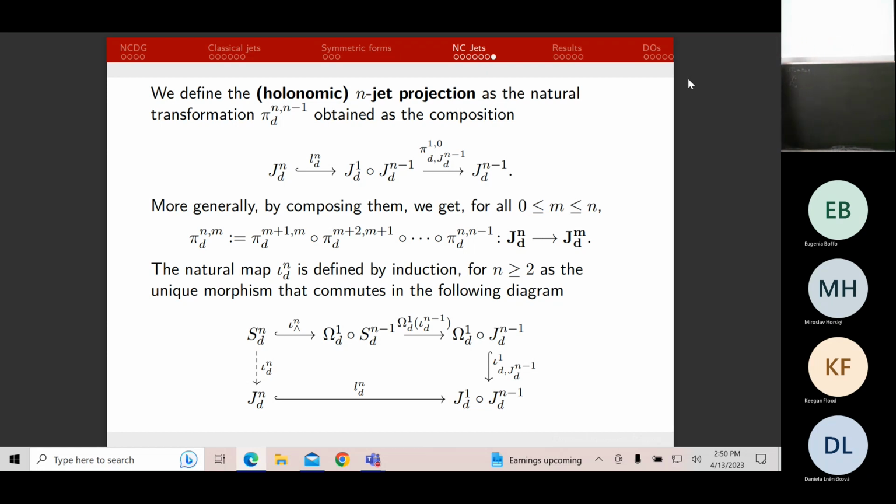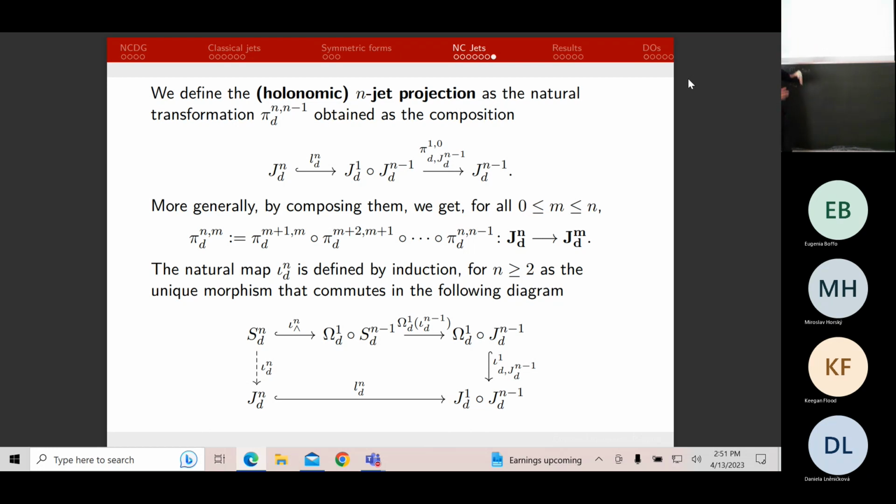Jn. Okay, because of how they're defined, it turns out that the prolongation does actually factor through the holonomic jet. So we do have a prolongation from the identity functor to the n-jet functor. And not only that, but we have a way of interpreting Sn into Jn, and there is a unique mapping, iota, that's the missing data, such that it commutes in this diagram.